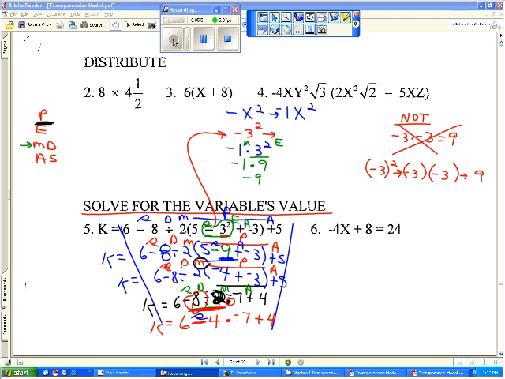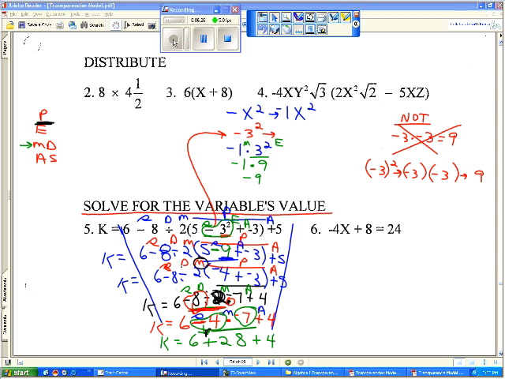Now I have subtraction, multiplication, addition. We do multiplication first. Again, I carry the minus as a sign and call it a negative 4, a negative 7. When you multiply or divide with the same sign, the answer is positive. So that's going to be a positive 28. So I'm going to replace that minus sign with a plus sign. So I have 6 plus 28, K equal, and then plus 4.